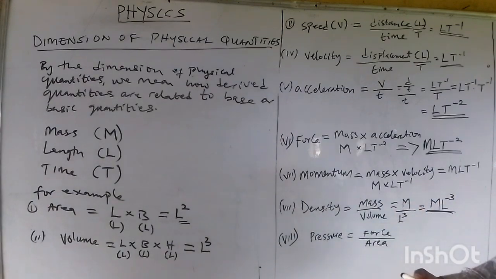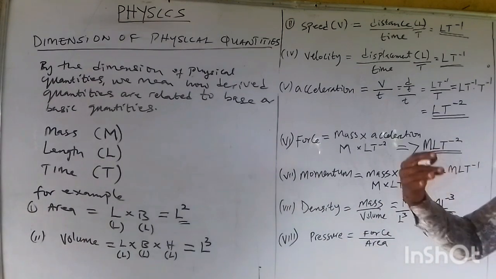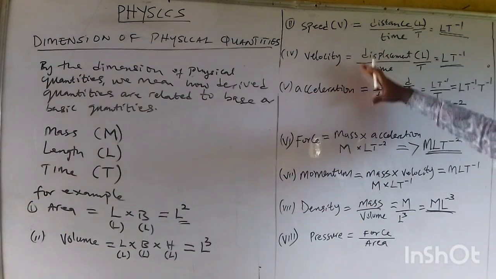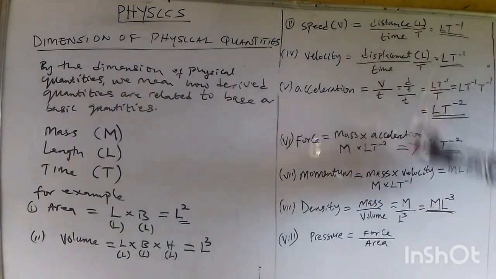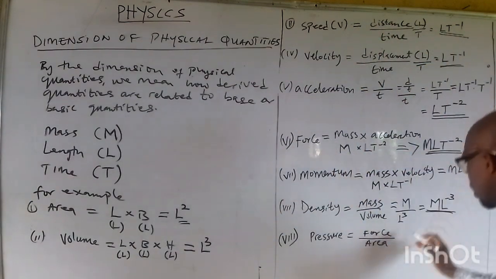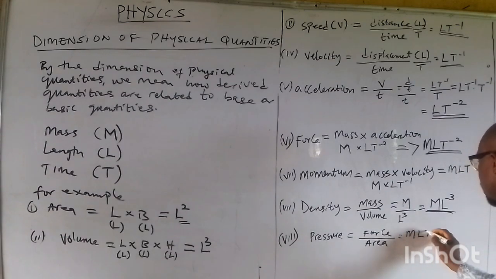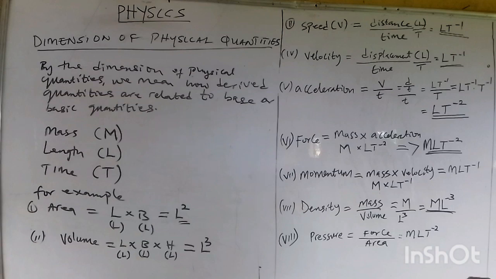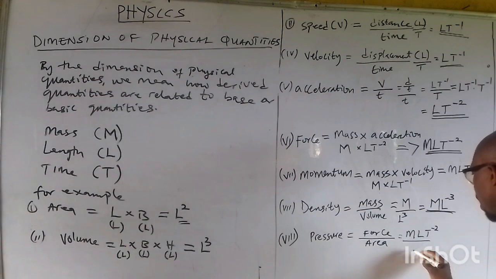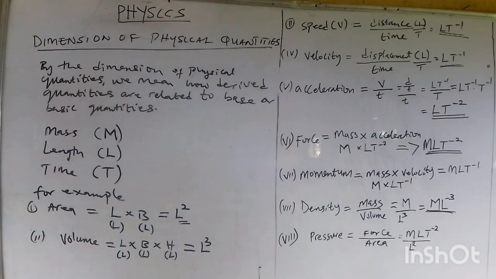In fact, it's advised that you go through the process step by step. Because the process is still on the board, I will lift it. For force, I will lift it. Force is expressed as M L T raised to power minus 2 all over area. Area is L raised to power positive 2. Now, I'll bring it up.